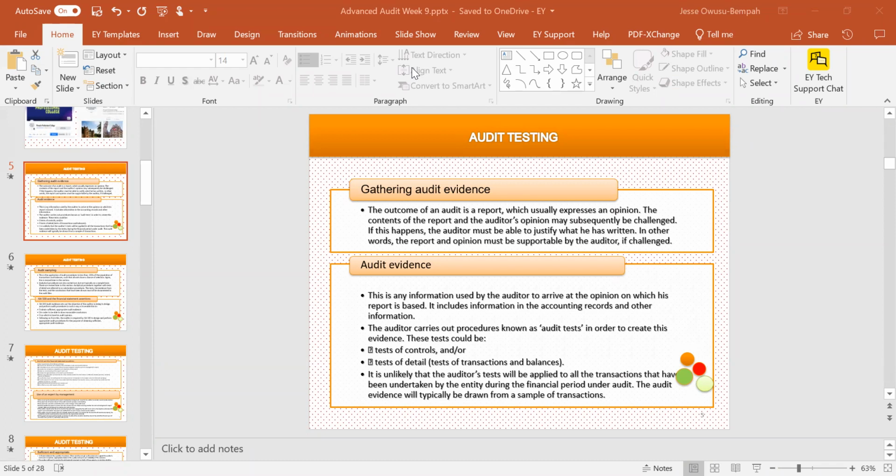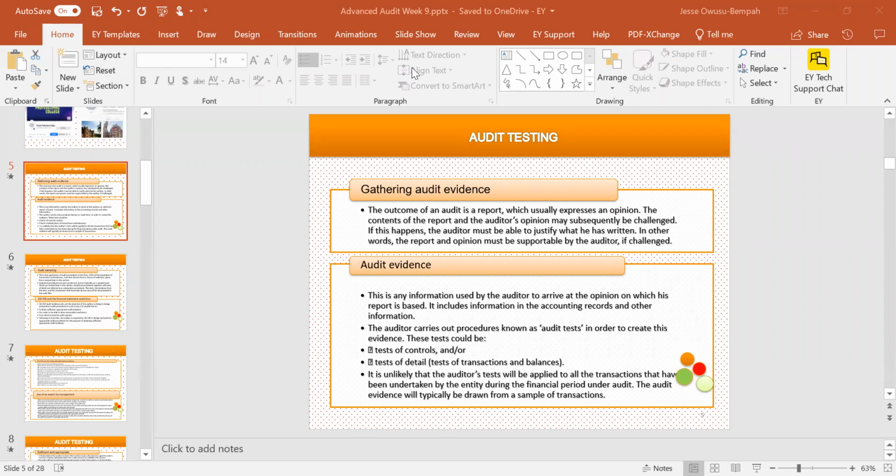So when you are testing the internal controls, basically you are doing two things. You are testing the design of the internal control as well as the operating effectiveness of the internal control. The design, number one, and number two, the operating effectiveness. So when we say design, we mean how the control has been set up.